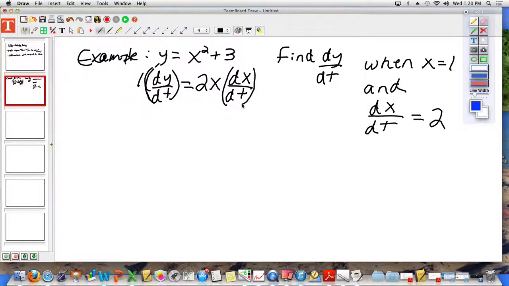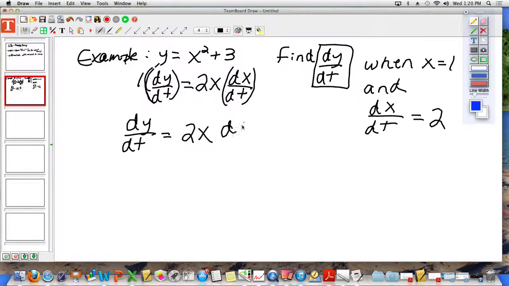Our job is to figure out, remember, what is dy dt. How fast is the y value changing? So when I do this, I have to solve for dy dt. Am I set up right now to solve for dy dt? Yes. 1 times dy dt is dy dt. So I really have dy dt equal to 2 times x times dx dt.